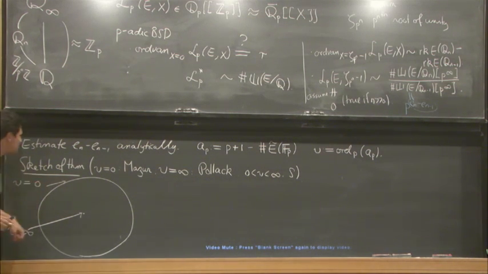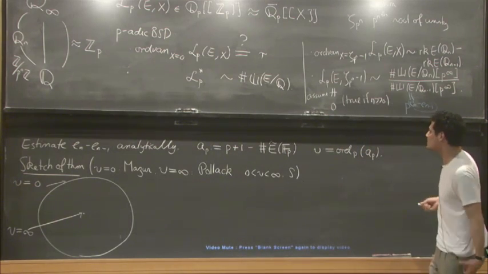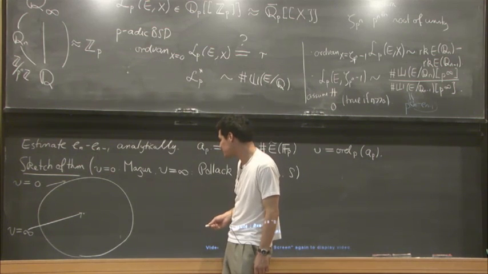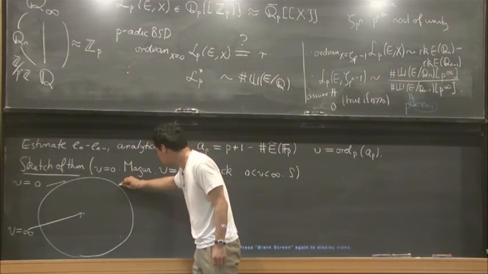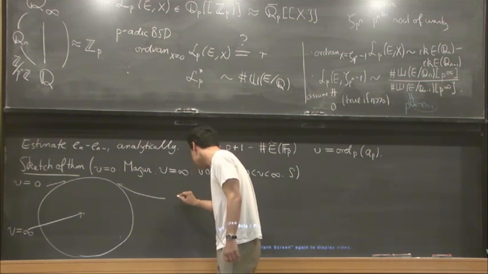Now, on the outer edge, Mazur has given a nice formula for this quantity, for this e sub n minus e sub n minus 1. And the formula here is of this form.